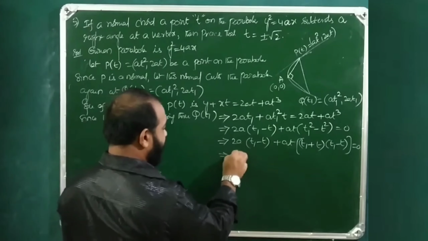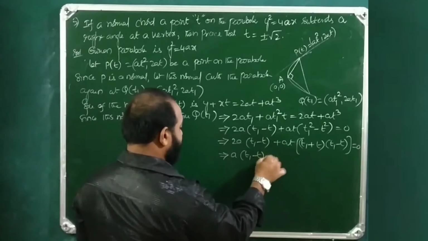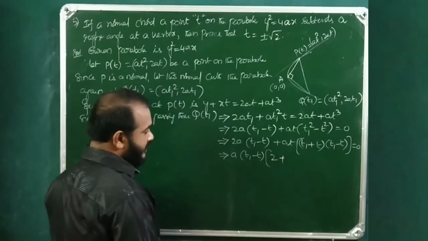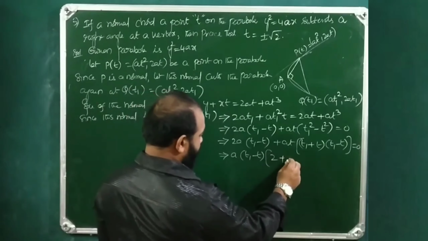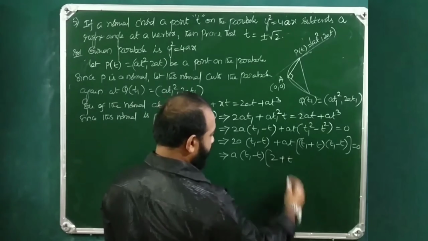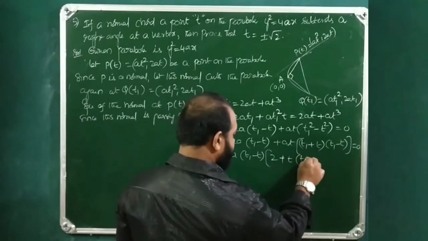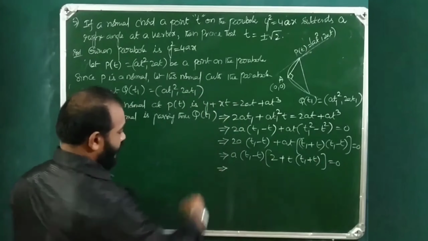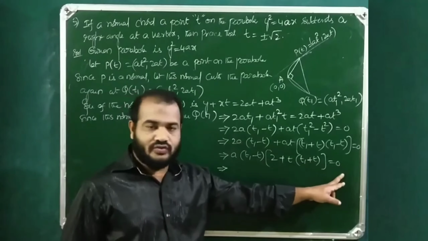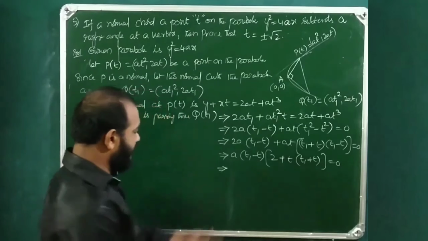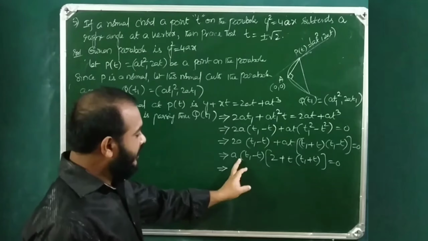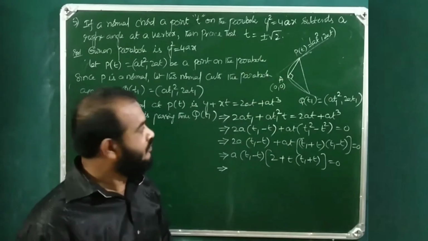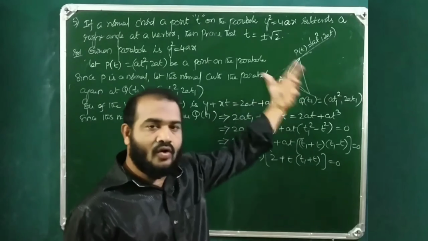So take a into t1 minus t as common. Then this is 2 plus t into t1 plus t equals 0. So either a into t1 minus t equals 0 or this is equal to 0. This cannot be 0, because t1 equals t is not possible, since t and t1 are distinct points which constitute a chord.